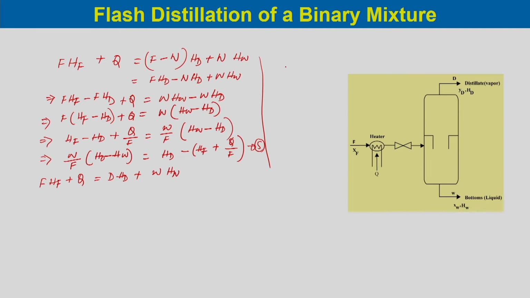Now, the total material balance is F equal to D plus W, so W we can write as F minus D. From this we can write D HD plus, in place of W we substitute F minus D, so F minus D HW.